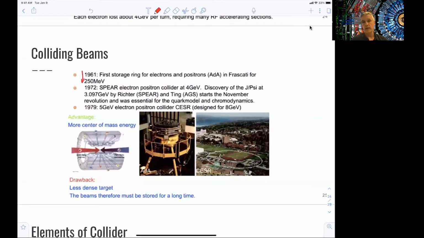First concepts came to fruition in Frascati in the 1960s. And then we had SPEAR, an electron-positron collider at a center of mass energy of 4 GeV, which then led to the discovery of the J/psi. And then later we had a 5 GeV electron-positron collider, which was then designed for 8 GeV.